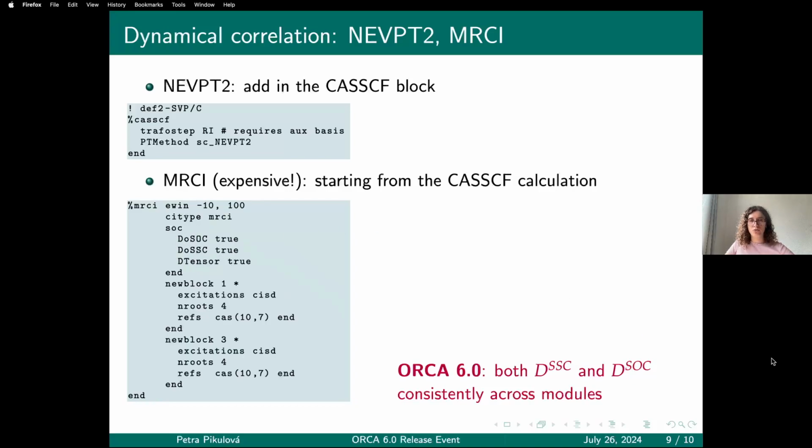And I will not show you the output per se, because I just want to highlight that since ORCA 6, the output from all modules that are capable of doing QDPT calculations has been really unified. And now if you ask for it, both the spin-spin and the spin-orbit coupling contributions should be consistently included there, so that you can make quite direct comparisons between results from different modules.